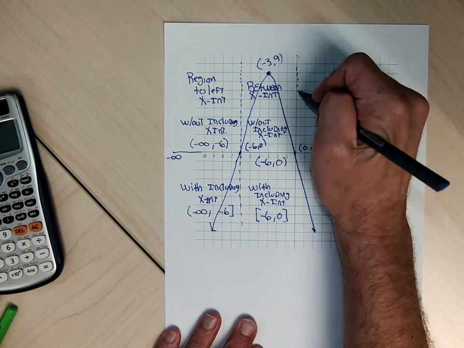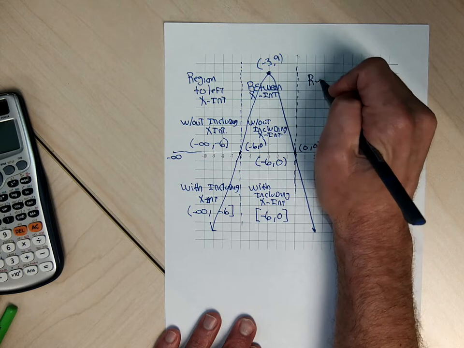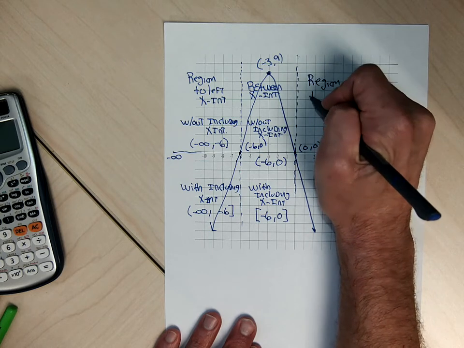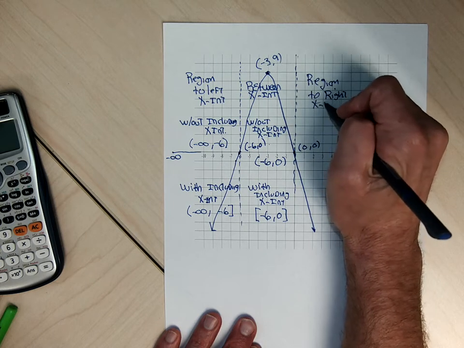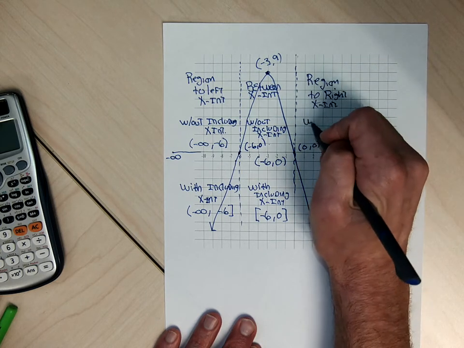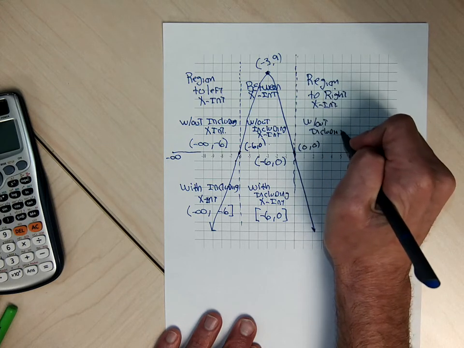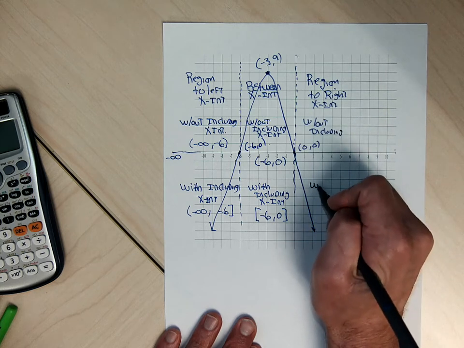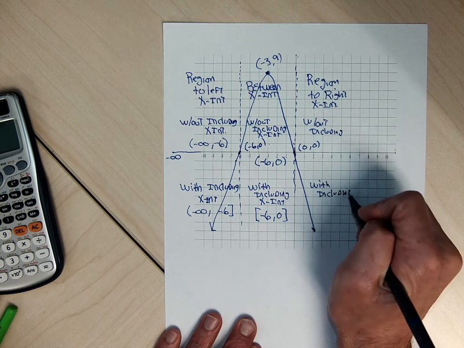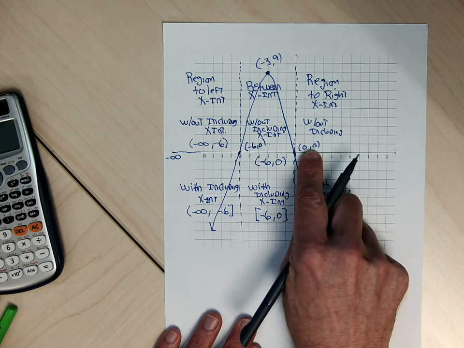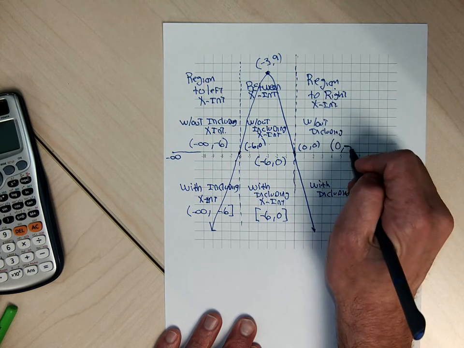And then my region to the right of the x-intercepts, it's either without including the x-intercepts or with including the x-intercepts, would go from the x-coordinate of 0 to the far right edge of the x-axis, which has an x-coordinate of infinity.